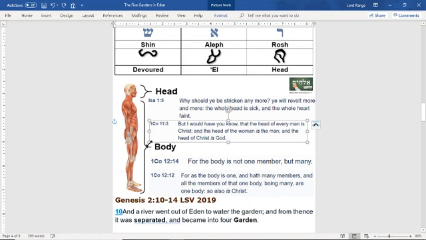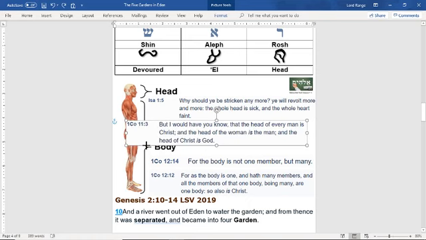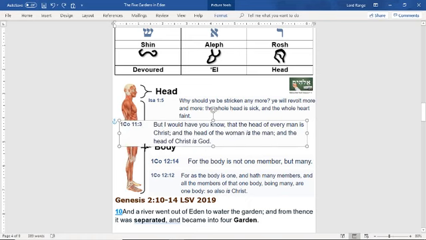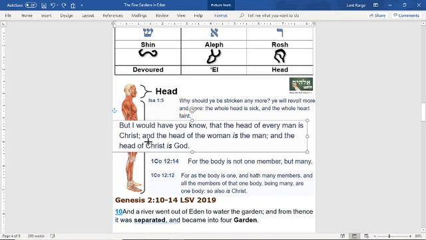And just another verse, that's an Old Testament verse, this is a New Testament verse, 1 Corinthians 11:3. It says, "But I would have you know that the head of every man is Christ, and the head of every woman is the man, and the head of Christ is God." So in other words, they use this head to represent the chief, the person who is in charge, who's leading.